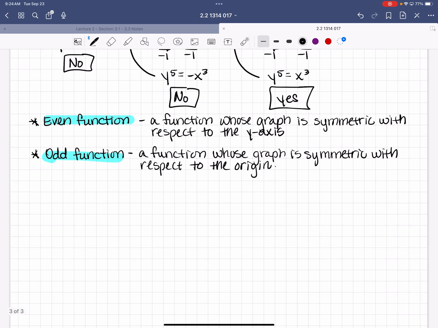So example 4, we're going to determine if the function is even, odd, or neither.